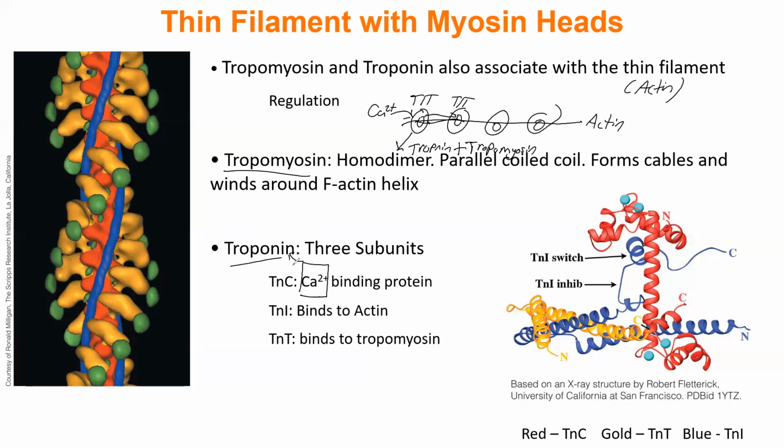Calcium will kick troponin off, which is good. And imagine that you want your muscles to move, then you just send a nerve signal to your muscle. Your nerve will release calcium. That calcium binds troponin, and now you can have muscle movement. Right, so that's the regulation of our muscle movement, troponin and tropomyosin.